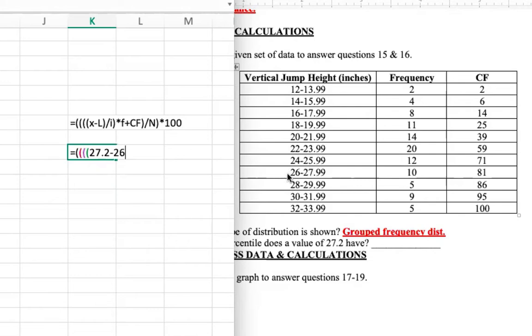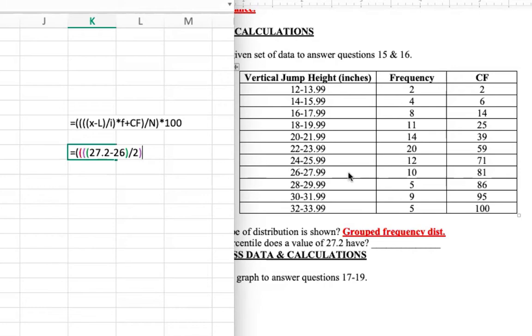What's our interval size? 2, right? So we could take two adjacent lower bounds and say 26 minus 24 is 2. And then we multiply by the frequency in that grouping.